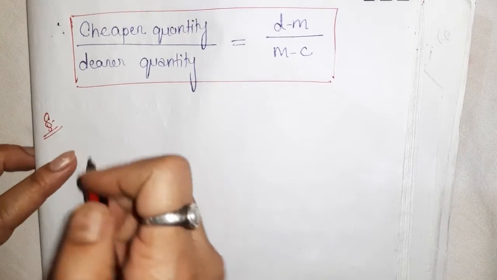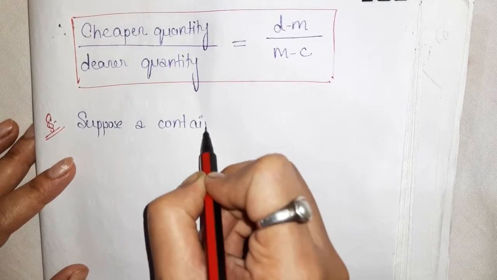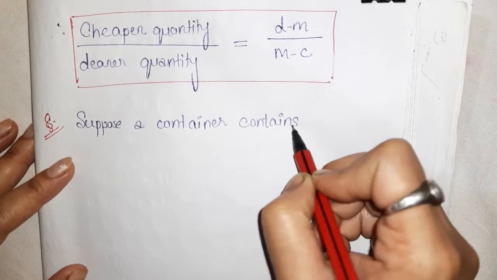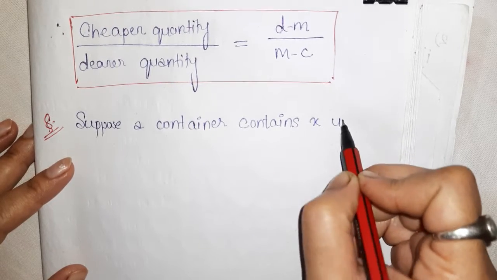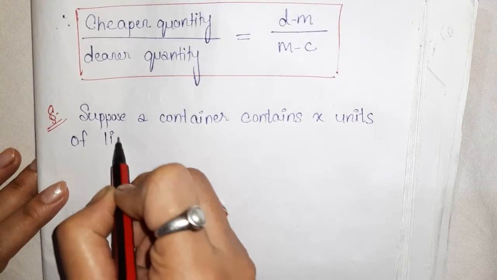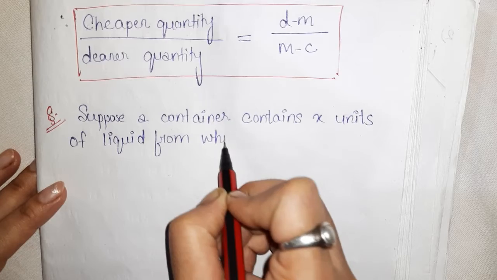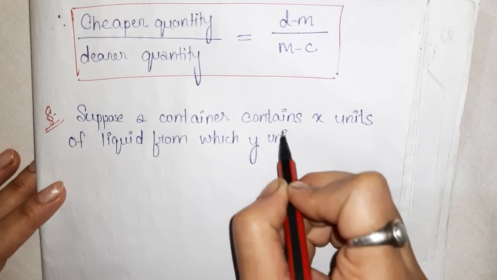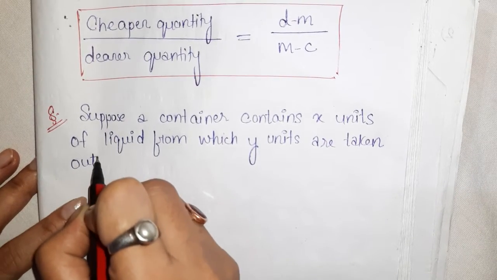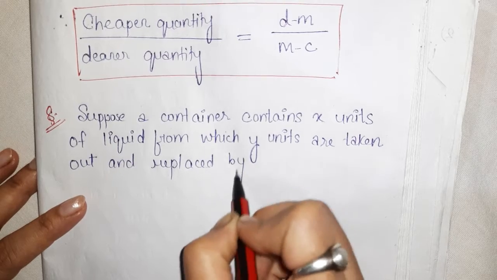Suppose a container contains X units of liquid from which Y units are taken out and replaced by water.